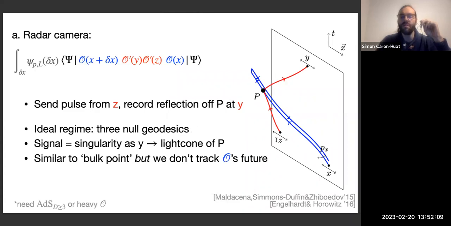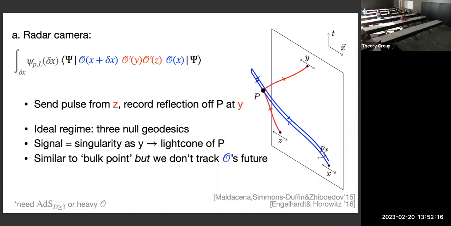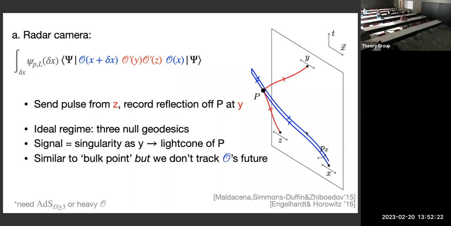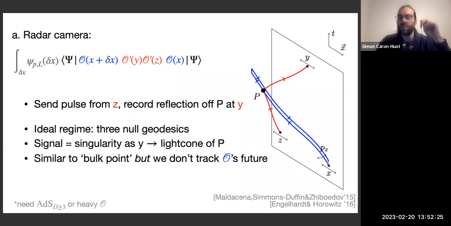In the ideal regime, where the light that we bounce is controlled by geometric optics, to visualize this measurement, you have to think about 3 null geodesics. The null geodesics that start from Z. So what are we looking for in terms of signal?